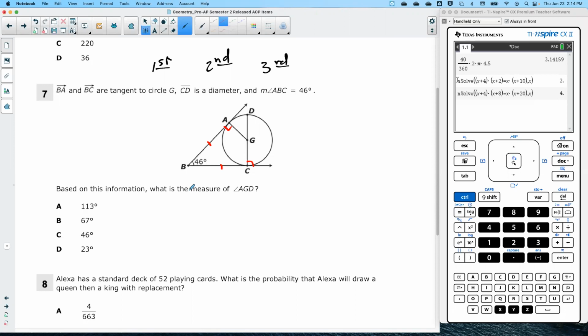Okay, it's 1/2 x minus y. So our formula here is 1/2 x minus y. Angle of B is 1/2 x minus y. I'm going to call it ADC minus AC.